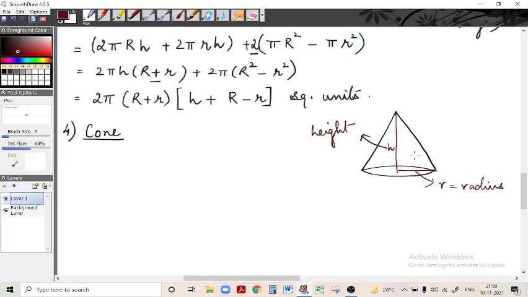This is the radius which we denote by r, and this slanting part we denote by L. So this is my slant height.